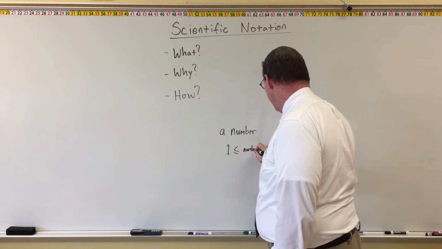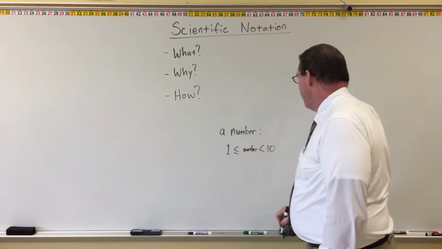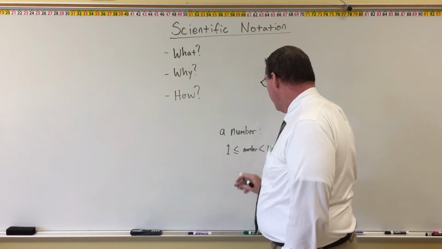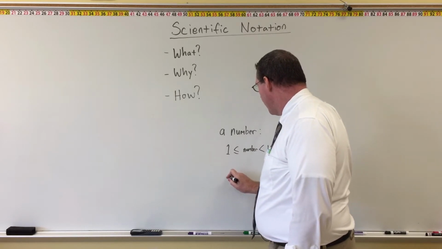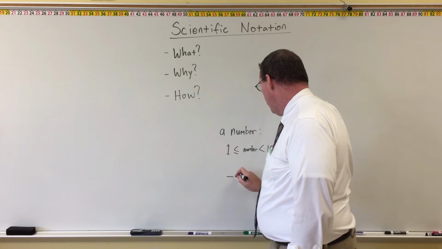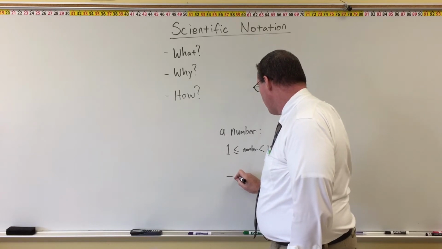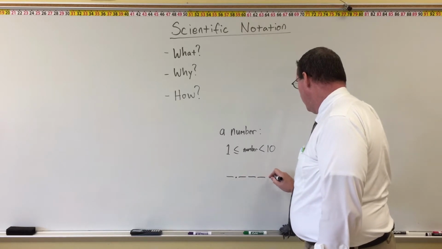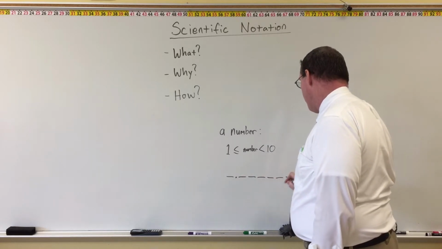So your number. Another way of thinking about it is that the number will have a single digit that's not 0, with a decimal point, and then it can have any number of digits after the decimal point.